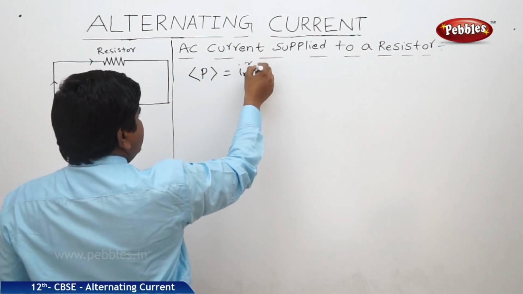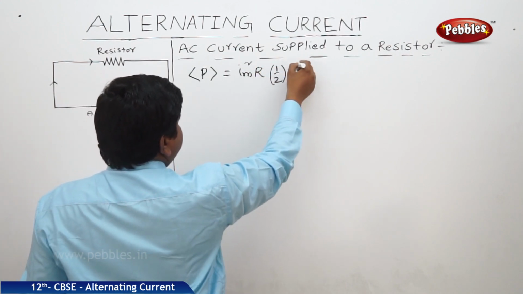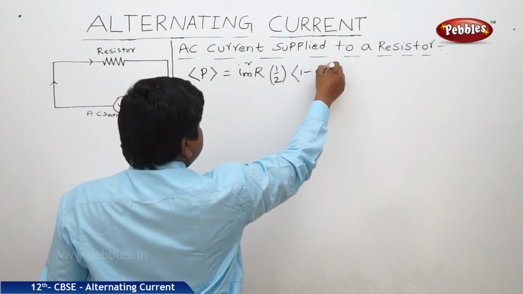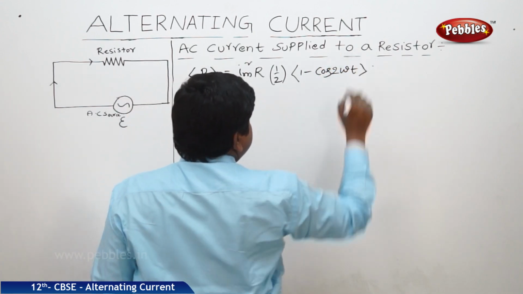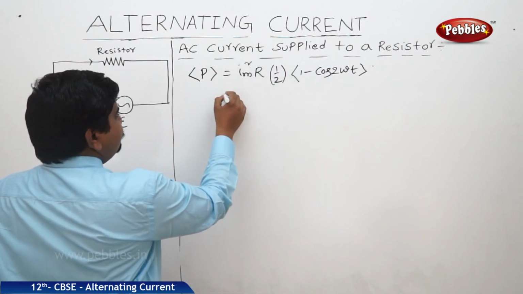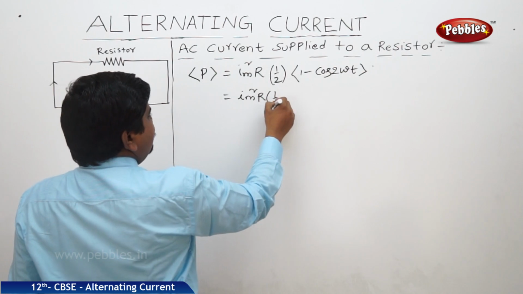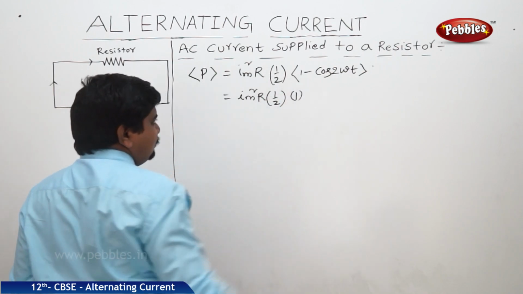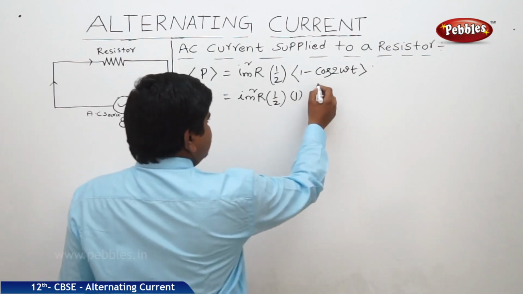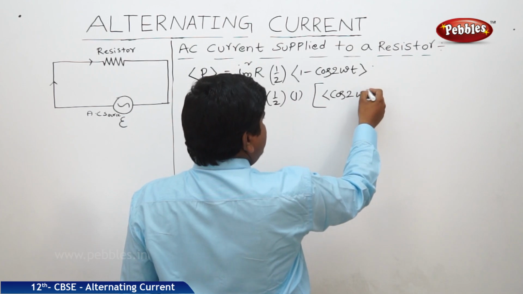Im square R into half into 1 minus cos 2 omega t. Im square R into half into, this is 1. What is the reason? The average value of cos theta is 0.